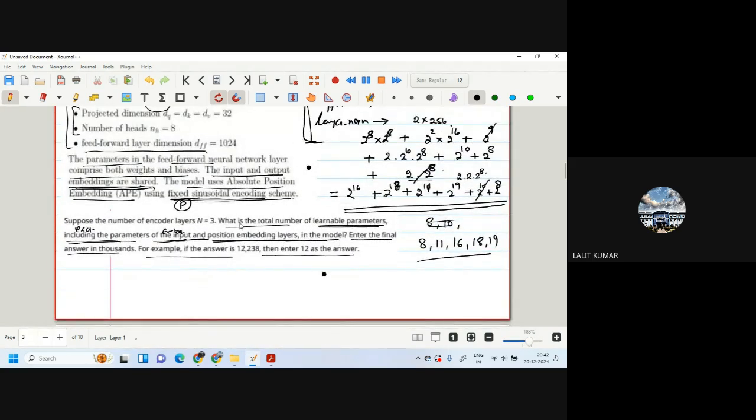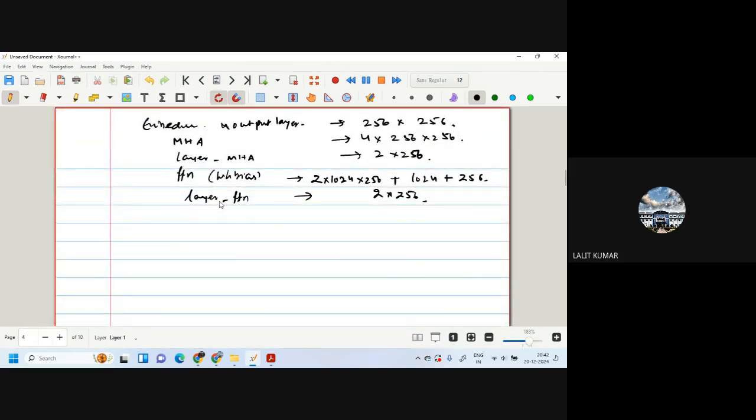Anything? Model fixed position. So 256 into 256 is 65536. I've covered the entire thing in one go.